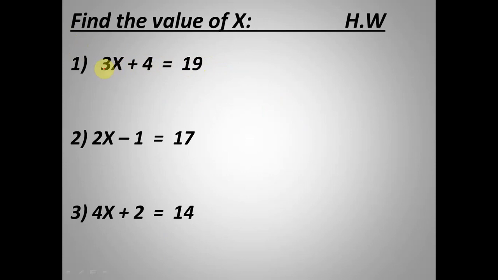In the solution, you write 3x equals 19 minus 4. 3x equals 15, divided by 3, then x equals 5. 2x minus 1 equals 17, then 2x equals 17 plus 1, 2x equals 18, divided by 2, x equals 9. And you can solve this equation the same way.